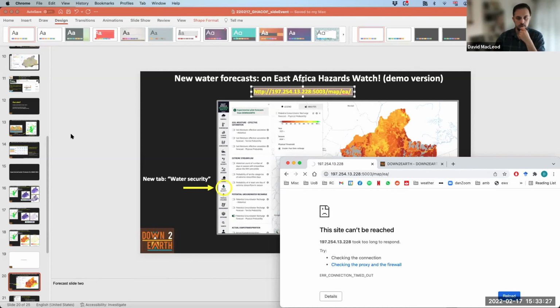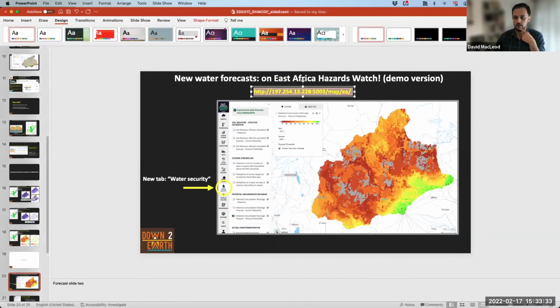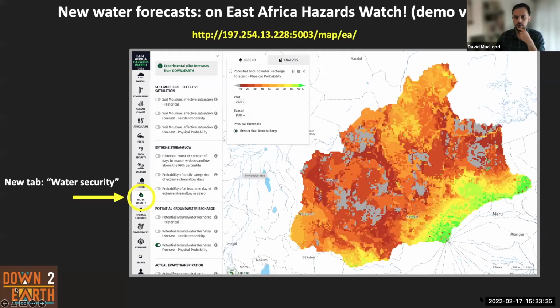I will put the link in the chat, so at some point you can have a look, and hopefully once it's all back together, you can play around with these layers. But instead, I've got some slides, screenshots of what's on there, so hopefully it can give you an idea of how to access it and what we've provided.